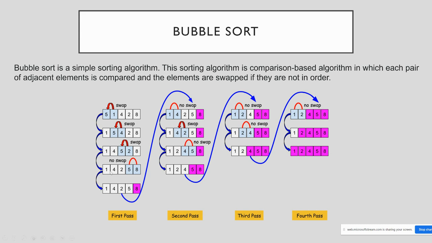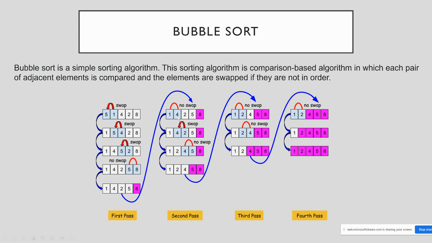So it becomes 1, 4, 2, 5, 8. Then it looks at 1, 4, 2, 5, and 8. As you can see here, it's not going to switch the 5 and 8, because obviously 8 is bigger than 5. So what it does now is start again and look at 1 and 4.